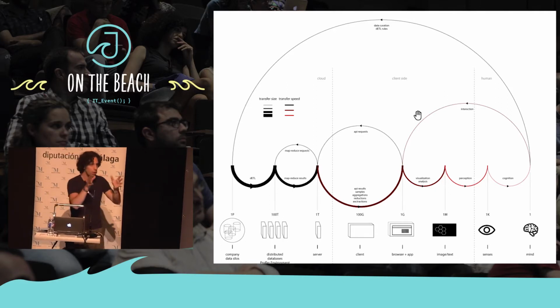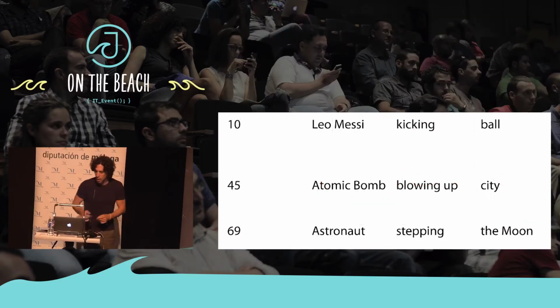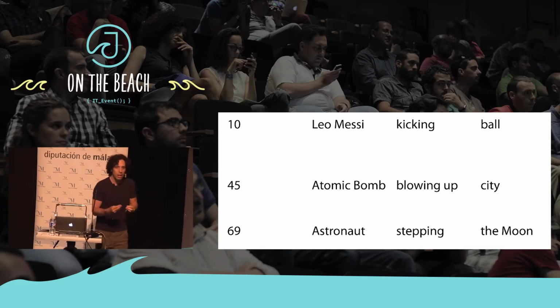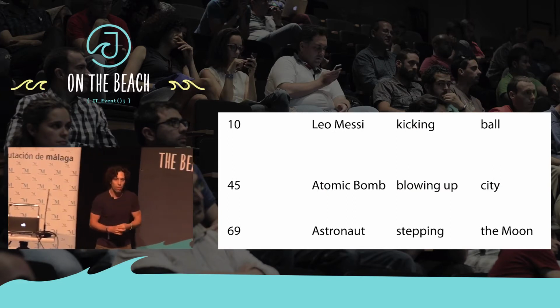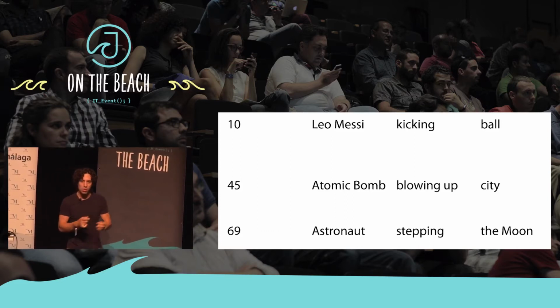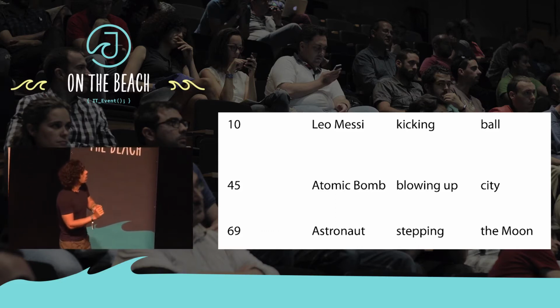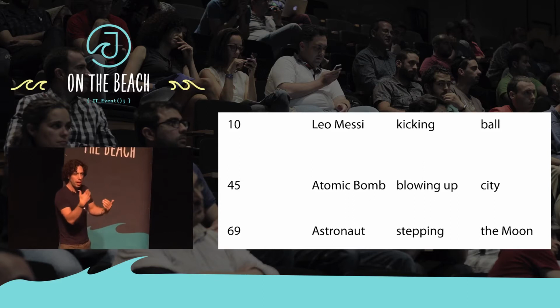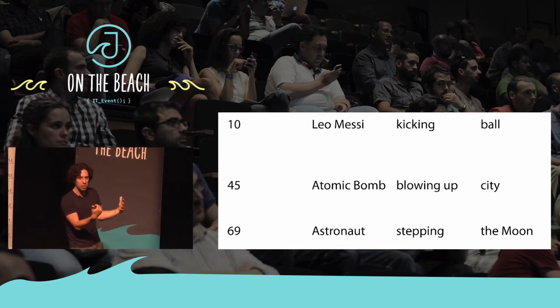Let's go more to the side of the humans then. Memory. I'm going to be very fast on this, but this mnemonic is based on first memorizing 100 numbers and associating each number with an actor, an action, and a passive object. Okay?